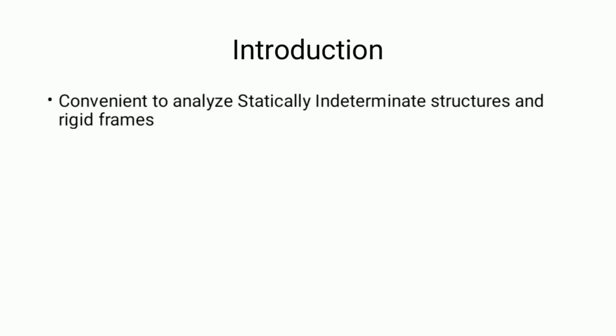So coming on to the first concept of this lecture series, that is introduction. What does the moment distribution method basically mean? The moment distribution method is a method which is widely used for analysis of indeterminate structures. This method is also convenient to analyze statically indeterminate beams and rigid frames.